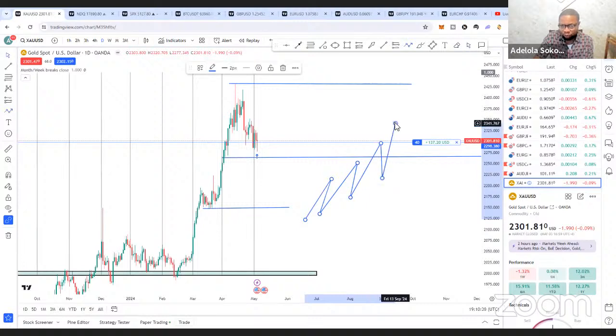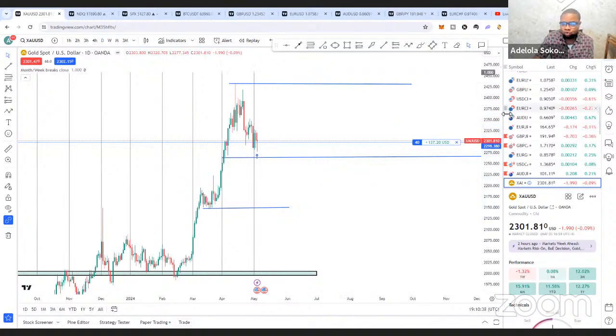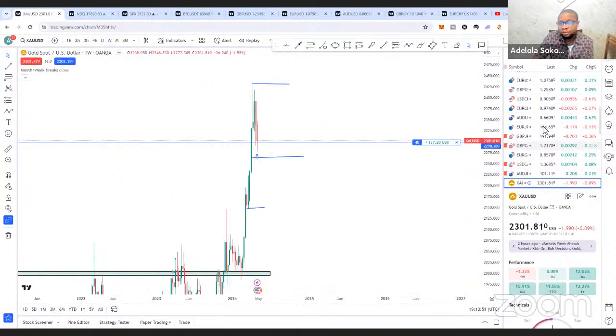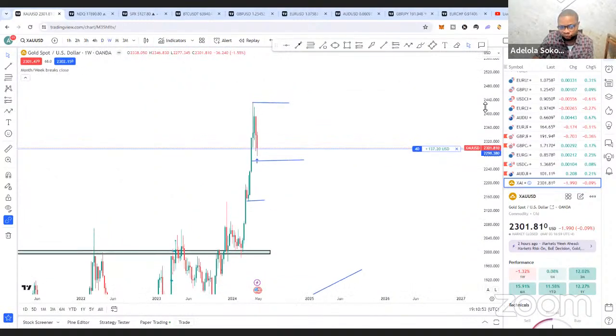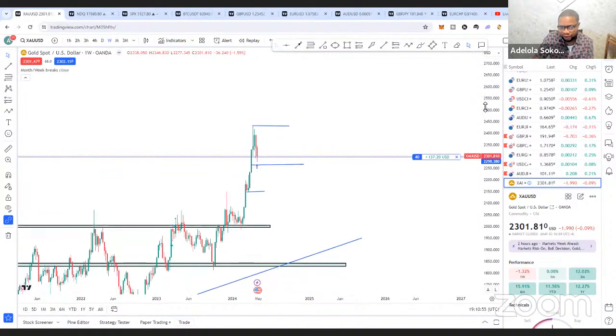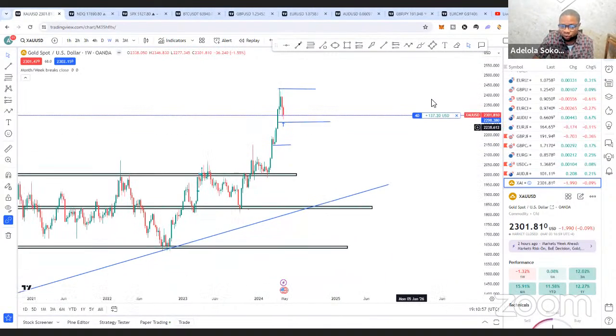If you look at gold, that is the pattern it has been doing for several months. And as a smart trader, you want to be looking for a buying opportunity. So I'm hoping that gold doesn't break this support. But if you go to the higher time frame, let's go to the weekly time frame, what you will notice is that gold is already printing a bearish structure, a bearish structure in the interim mode.